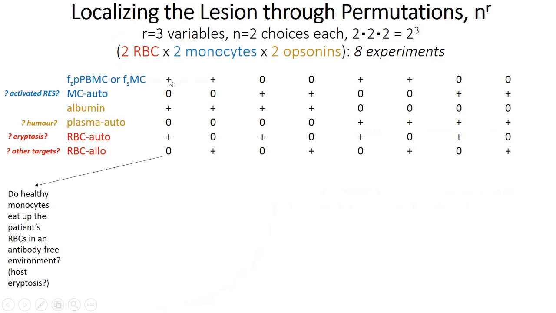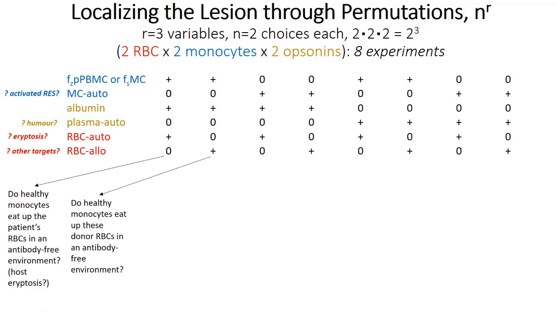If you are using peripheral blood mononuclear cells from allogeneic controls with an antibody-free material and the patient's own red cells, this is simply asking, do healthy monocytes eat up a patient's erythrocytes in an antibody-free environment? This is answering the question of whether or not the patient's own red cells are eryptotic, for lack of a better word.